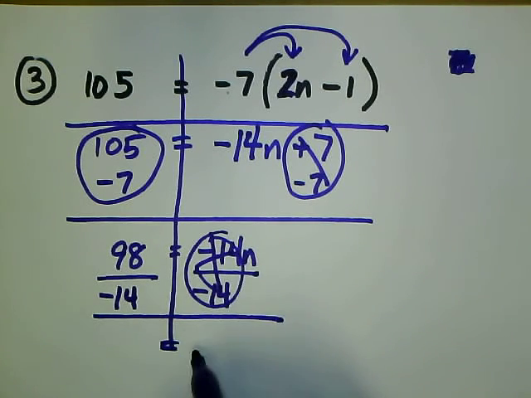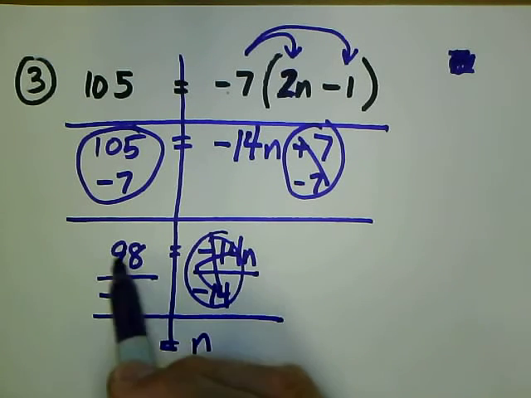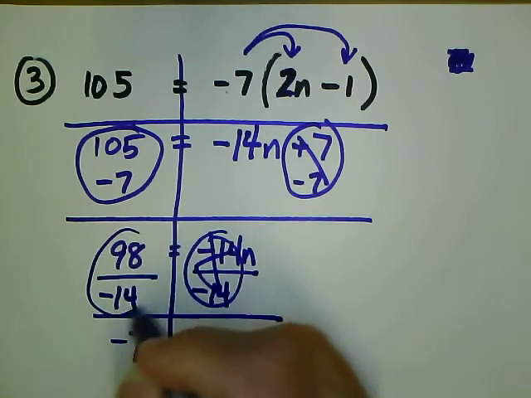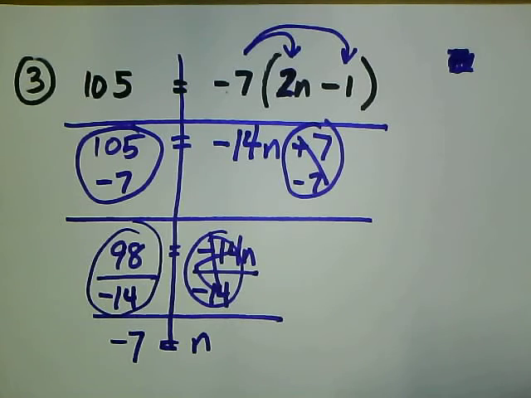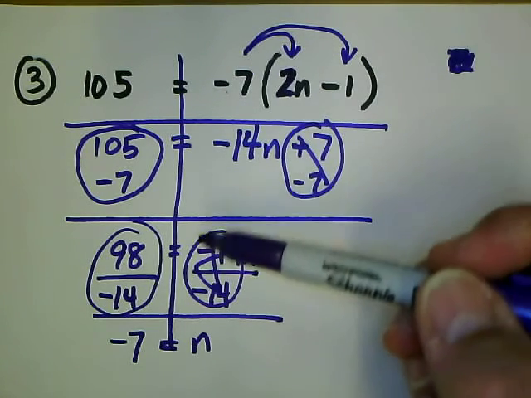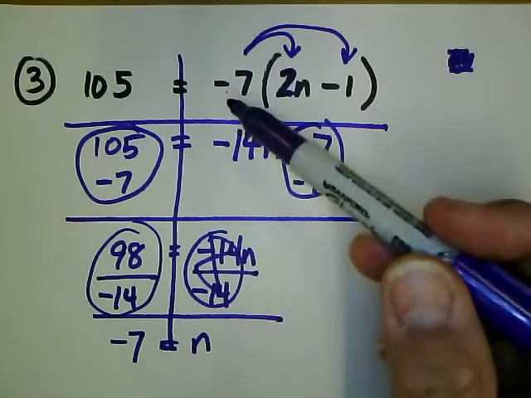The negative 14s are gone. That's correct. And 98 divided by negative 14? -7. And you can see each step, 1 step, 2 step, 3 step. Okay? 3 steps.